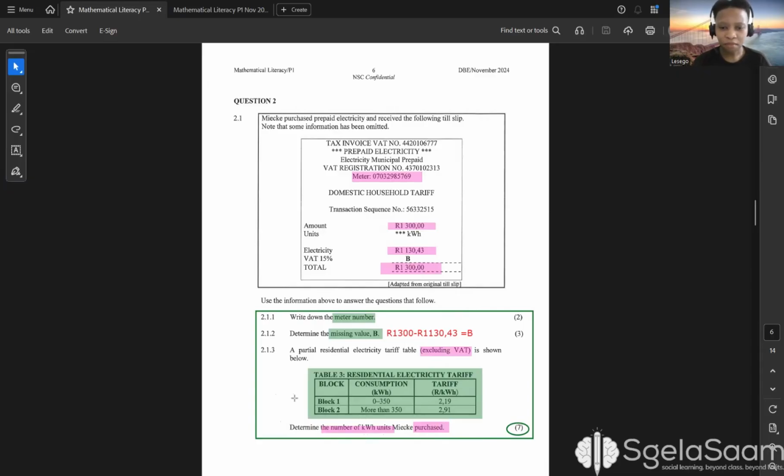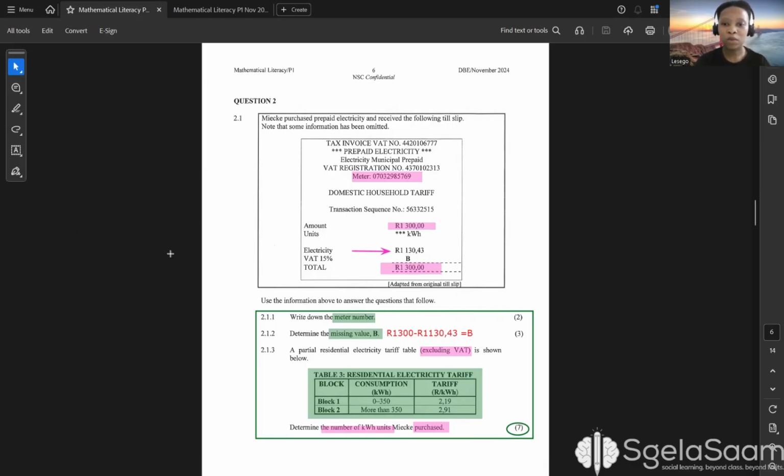Since the electricity amounted to, we have to go back to the till slip. The electricity amounted to 1,130.43. So that is the total cost of the electricity without VAT.